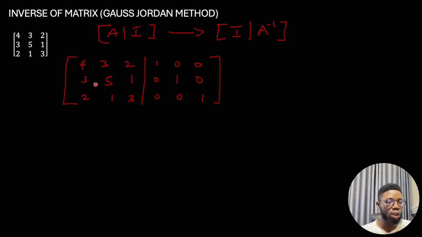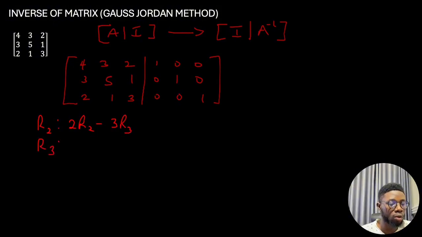Now, it's not only going to affect the entries, it's going to affect the entire rows as well. So the first elementary row operation I'm going to do is on row 2, and that has to become 2 multiplied by row 2 minus 3 multiplied by row 3. That's settled.